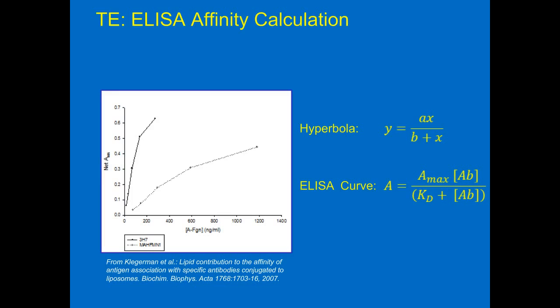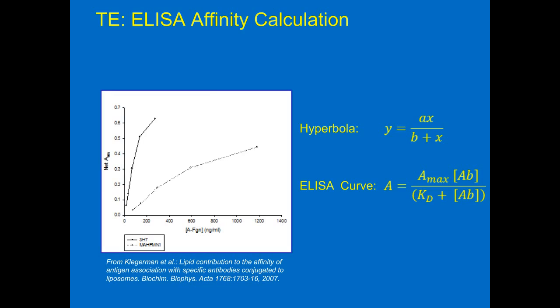And then here is the affinity calculation from the ELISA. It takes advantage of the fact that the ELISA relation is hyperbolic. You simply use an equation for a hyperbola, with the B parameter being the X value at one-half maximal Y, which is the dissociation constant.